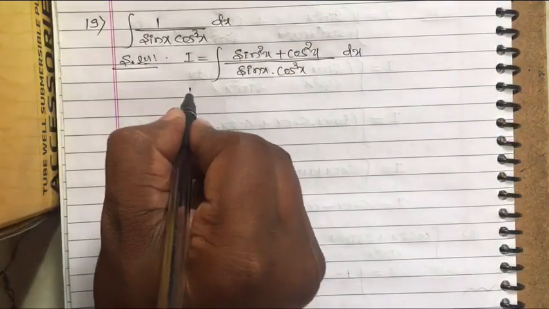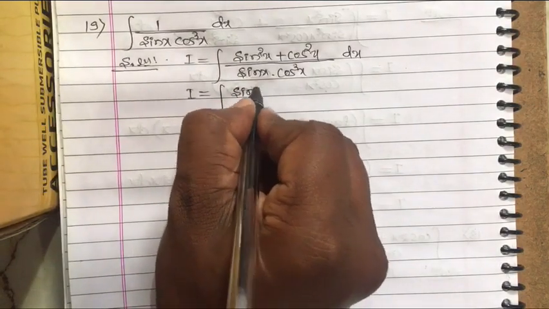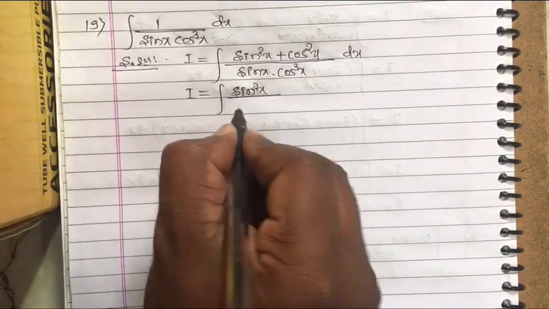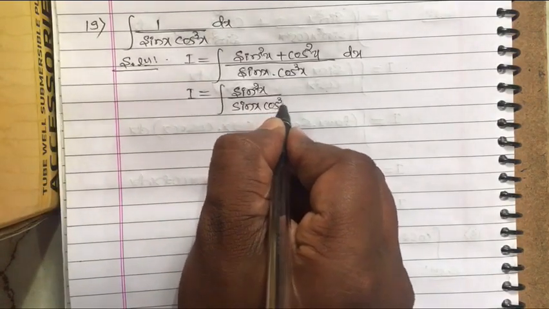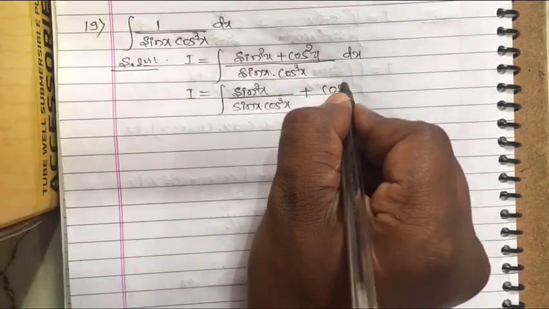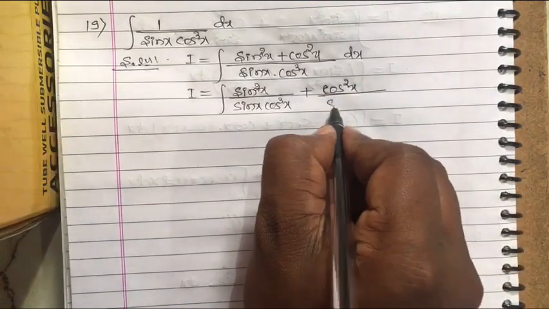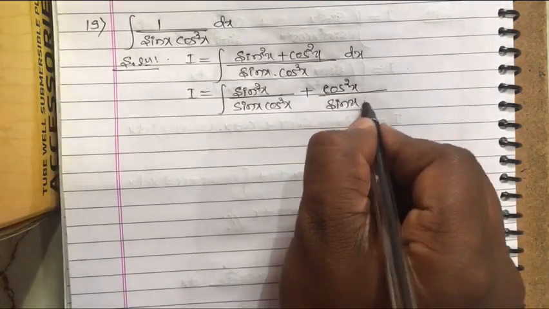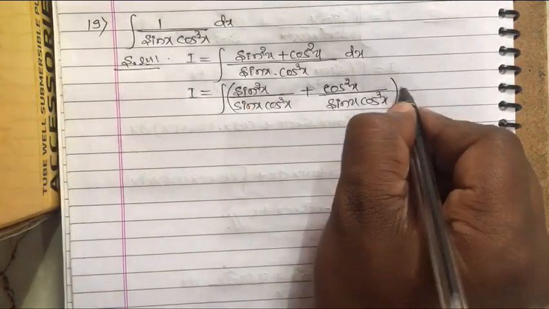Split this into two terms: integral sin square x divided by sin x into cos cube x, plus cos square x divided by sin x into cos cube x, dx.